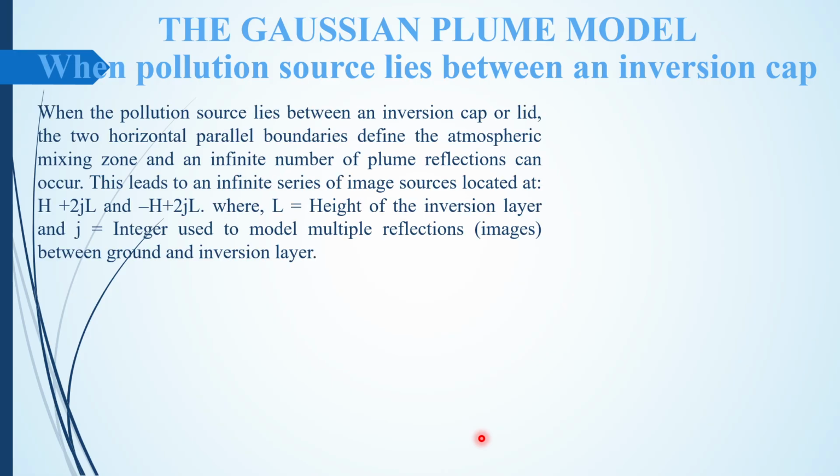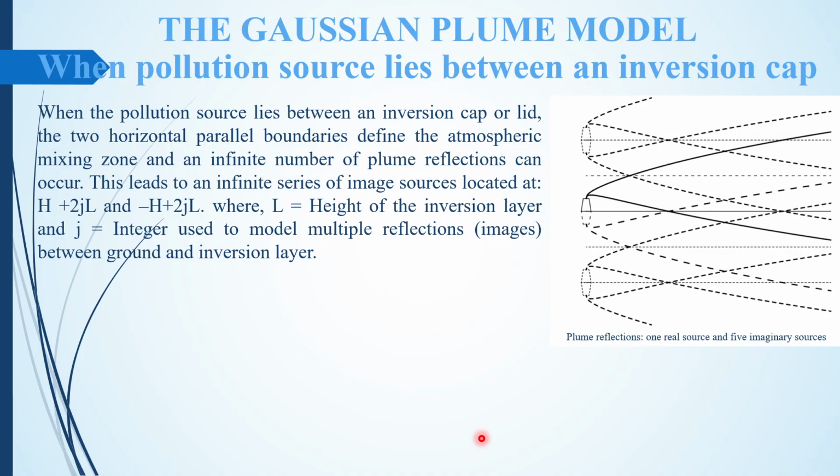When the pollution source lies within an inversion cap or lid, two horizontal parallel boundaries are defined. One is here in this picture and another is here. So two horizontal parallel boundaries define the atmospheric mixing zone. So this is the mixing zone here.